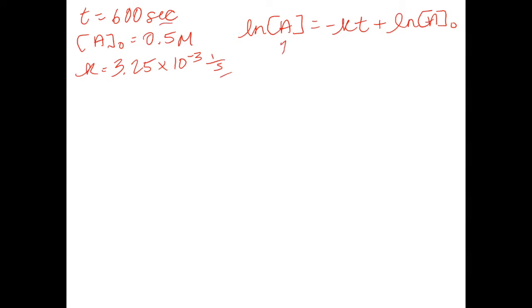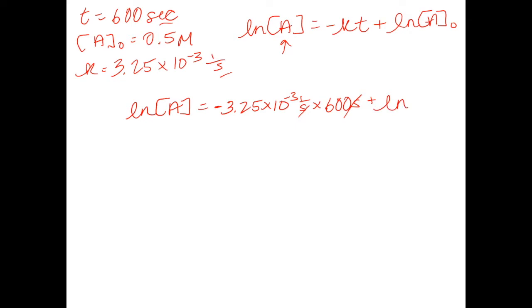This is my X. I don't know what that one is. So I have ln of A is equal to negative 3.25 times 10 to the minus 3 times 600 seconds. Notice those seconds will cancel, plus the ln of 0.5.